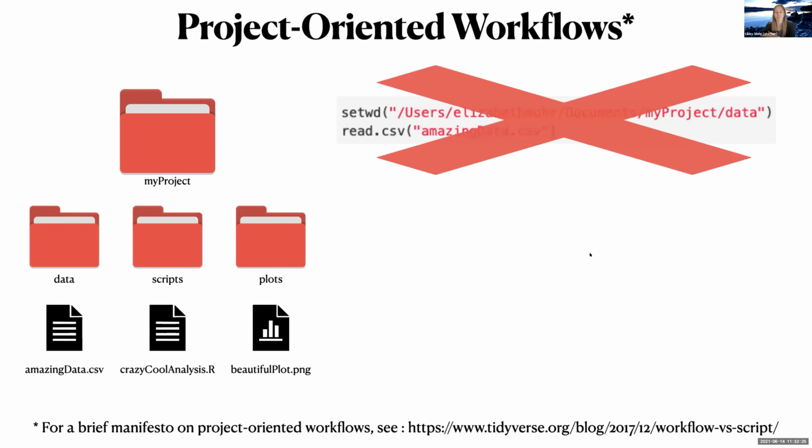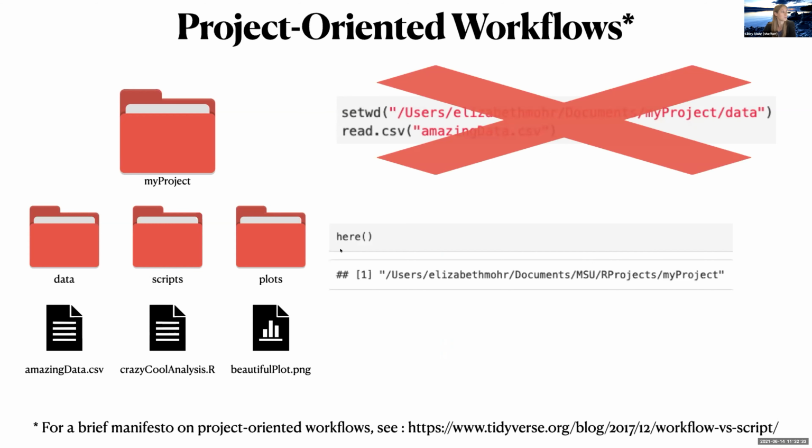But then how do you specify a file path name in a way that you could hand off your code to a collaborator and they could easily run it? Well, one option is to use the here function, from the here package. What this function does is it returns the path name of the current project directory.